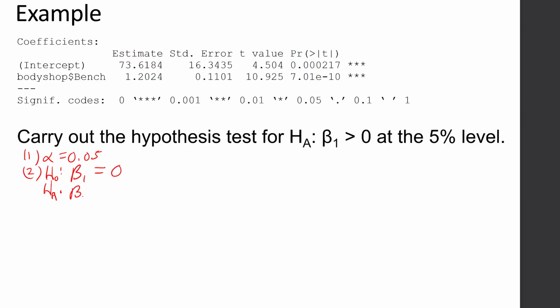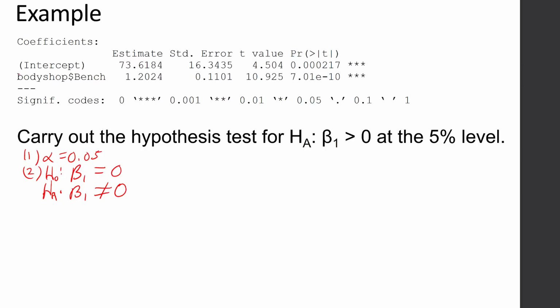And the alternative that's tested by default in R and many, many other software programs is that it's not equal to 0. It doesn't specify a direction, it just says it's either positive or negative, it's not 0. All right, so we can get our test statistic from up here in the output.